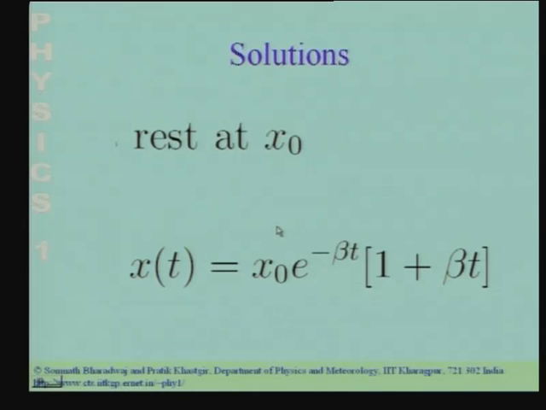This will give you a1 and a2 which you had in the previous slide, and putting in those values you get the solution. It is x naught e to the power minus beta t into 1 plus beta t.